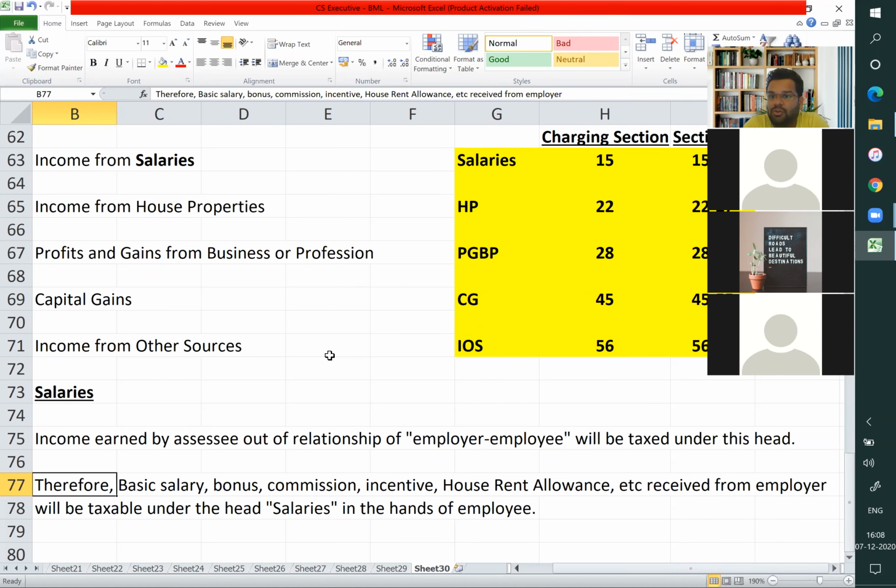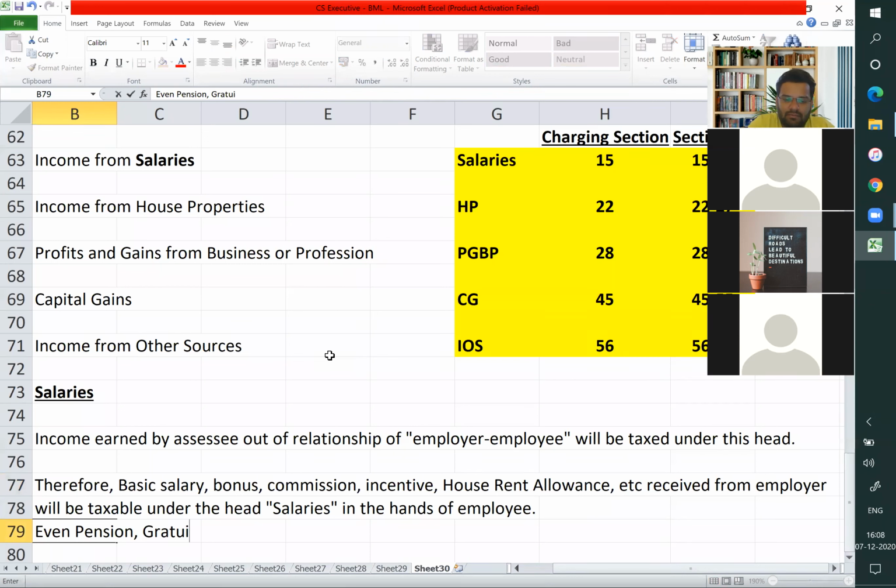Not only that, just for your understanding, even pension. What do you mean by pension? You must have heard of pension. Pension is basically, on retirement, the employee gets a monthly amount from the employer. That is called pension.